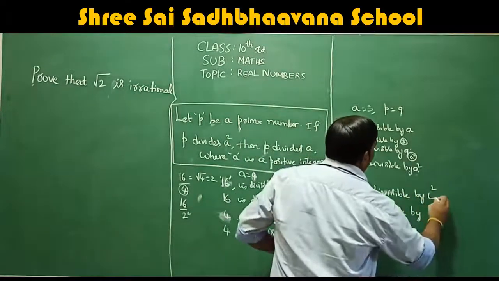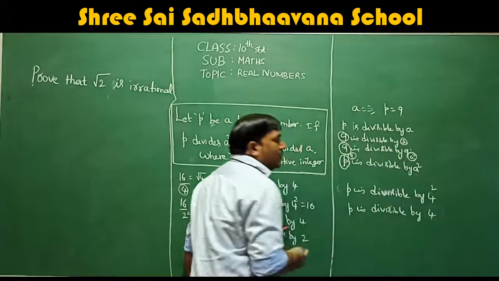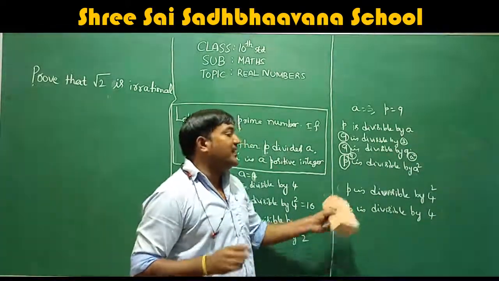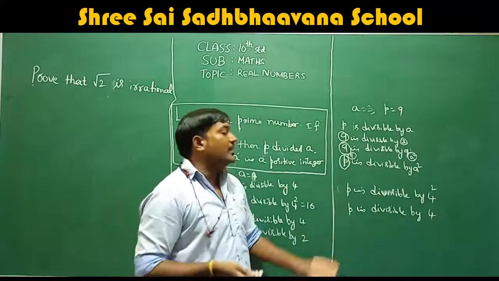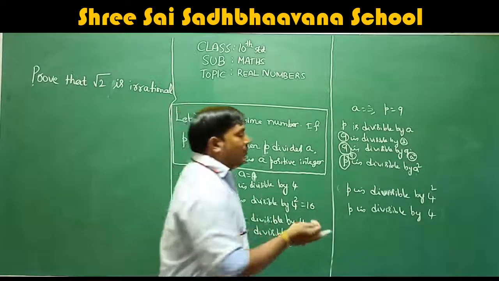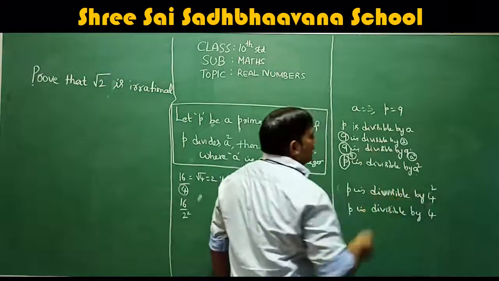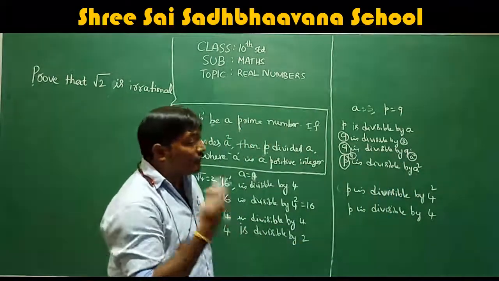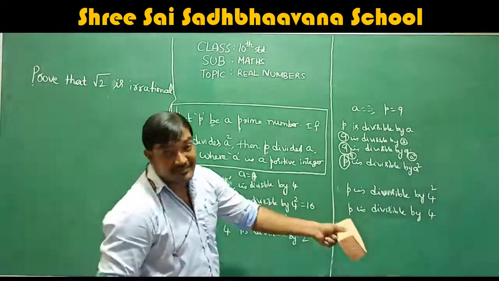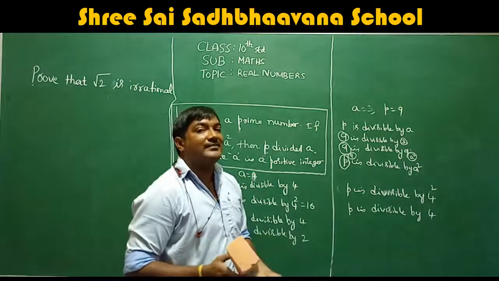If p is divisible by 4 square, is p not divisible by 4? Yes, p is exactly divisible by 4. You can take any number. If p is divisible by 5 square, then p is divisible by 5 also. If p is divisible by 6 square, then p is divisible by 6 also.